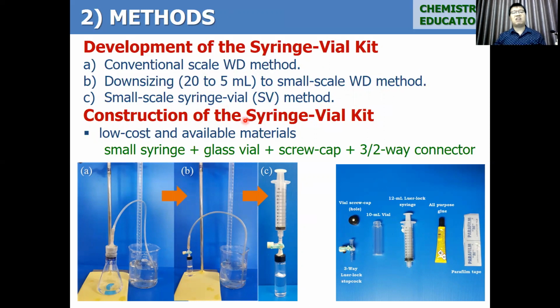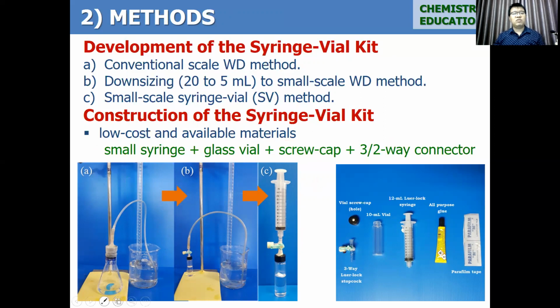The construction of the syringe-vial kit is low cost and uses available materials. The main materials are composed of a small syringe, a glass vial and its screw cap, and a 3- or 2-way connector, this one.